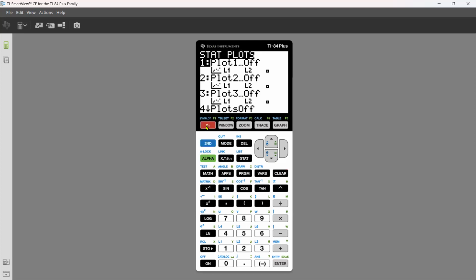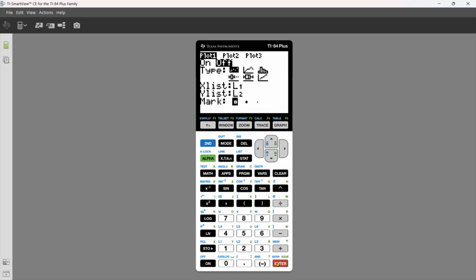Second stat plot, make sure, again, I need to turn this on, do this again, because that's just how my emulator works. You'll be fine. Enter here, we do all that.